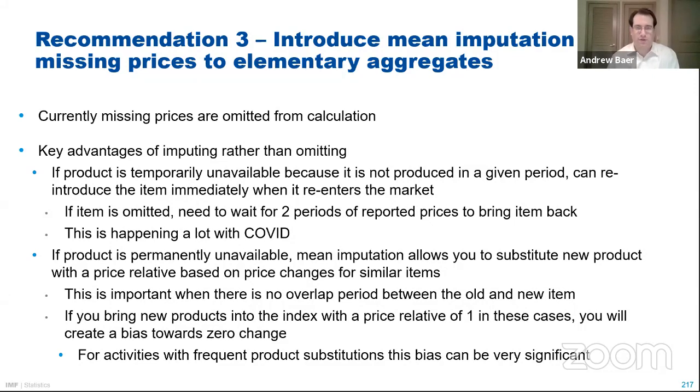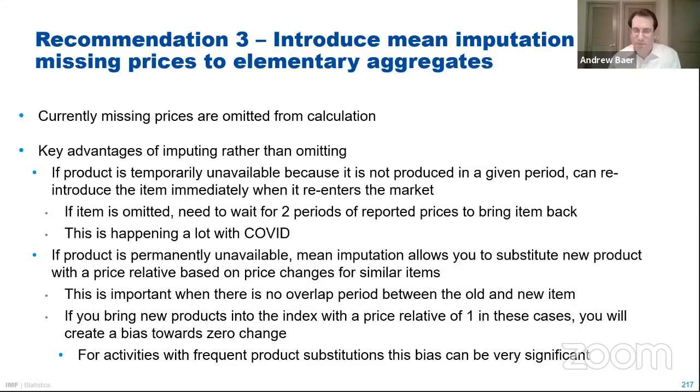And right now you're using the omission method, and I think there are really two advantages of moving to the imputation method. The first is when the product becomes temporarily unavailable because it's not produced in a given period. If you use imputation, then you can bring the item back into the index as soon as it re-enters the market.